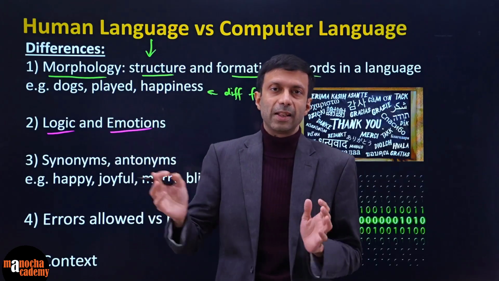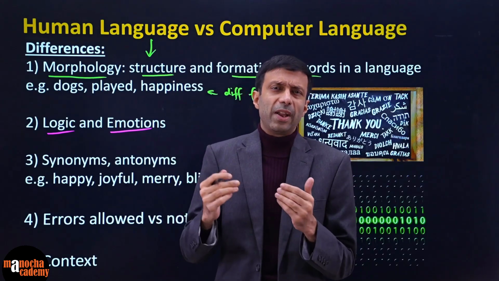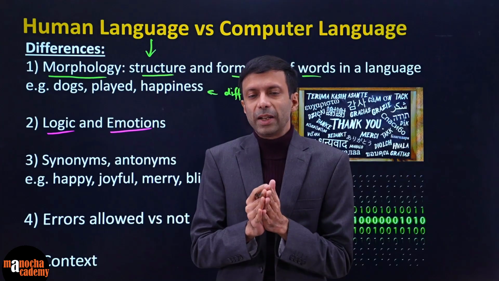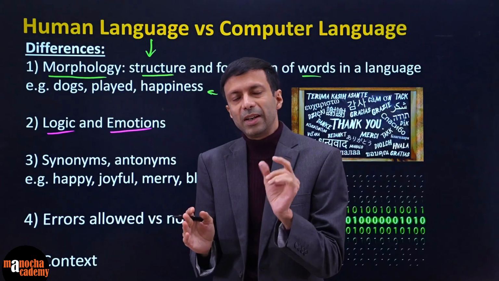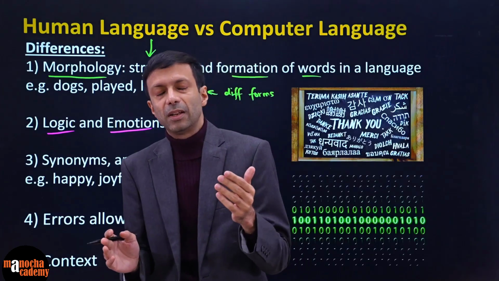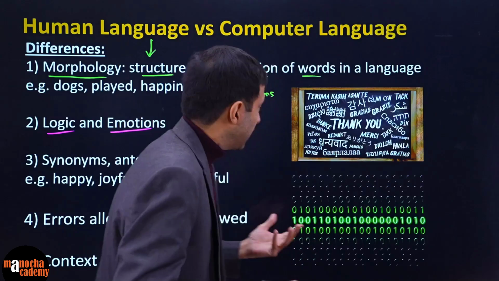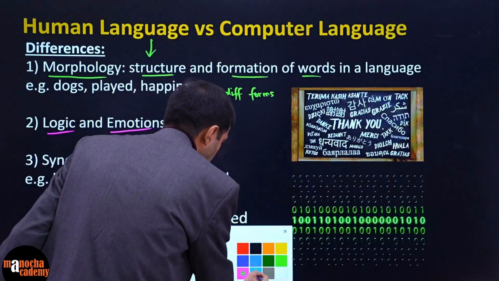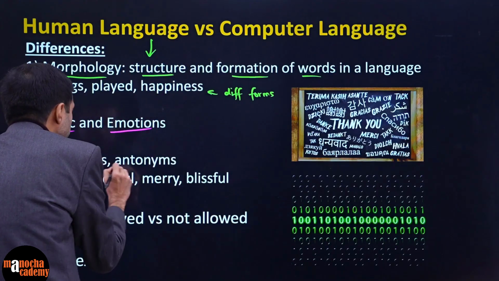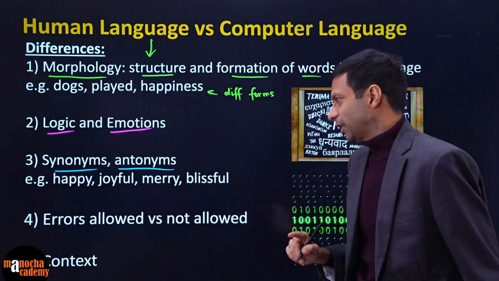Maybe there's another function like that, but it will not do the job of print. There could be some rare cases, but in general, when you have some reserved word, it has only one meaning. You will not have multiple words having the same meaning. So this whole thing of synonym, antonym is only for human language. Does that make sense?